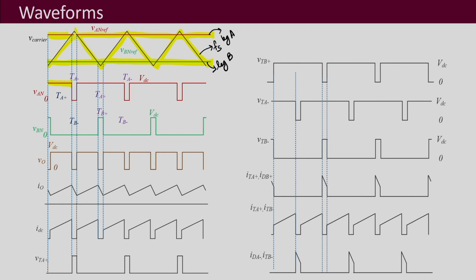And then for this much area, you can see that TA minus, the lower switch of leg A, is on, and so on this continues.